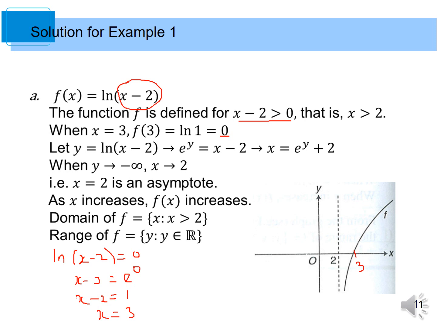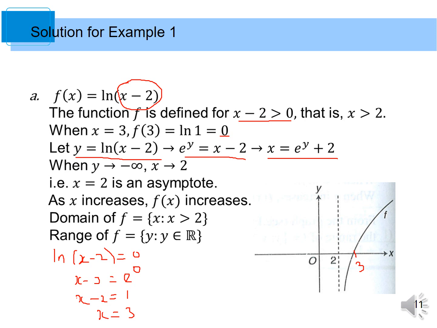Next step, to obtain the asymptote line, you convert the function notation to explicit form. Change f(x) to y. This is the original function. To eliminate the natural log function, I put in the inverse function on both sides, so I will have exponent y. Then I solve for the x equation.